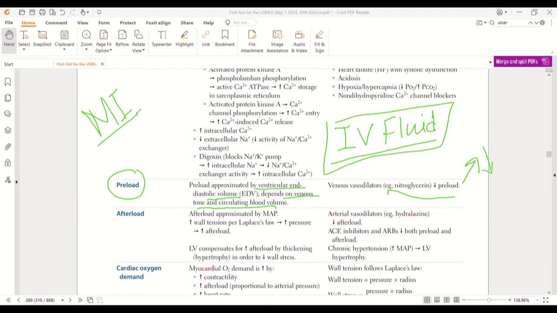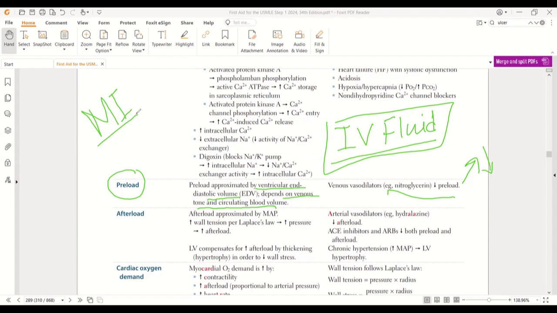Okay, the next is the afterload. So what is afterload? The afterload is basically determined by the mean arterial pressure. If there is increased mean arterial pressure, it means afterload is increased.